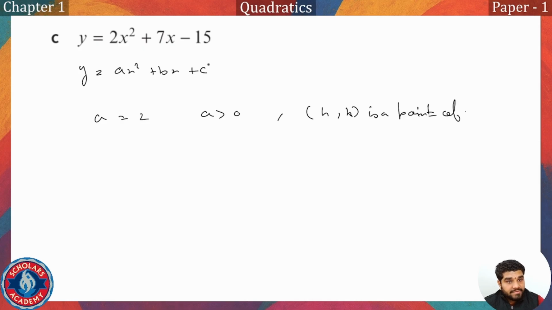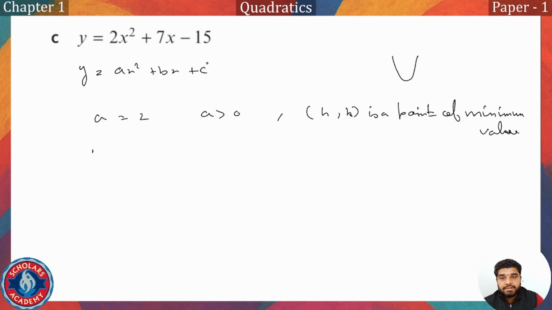Minimum value, right? So we have h comma k as a point of minimum value. All right, we got to know the orientation with the help of a. It means the curve will be like this.